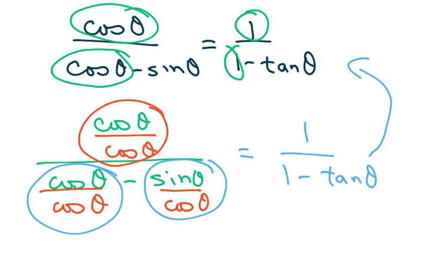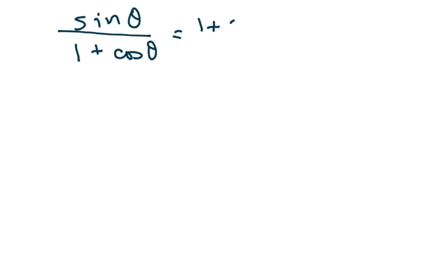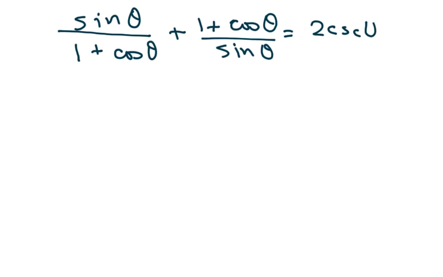Okay, and the last one I have is this one, sine of theta over 1 plus cosine of theta plus 1 plus cosine of theta over sine of theta, and this equals 2 cosecant of theta.